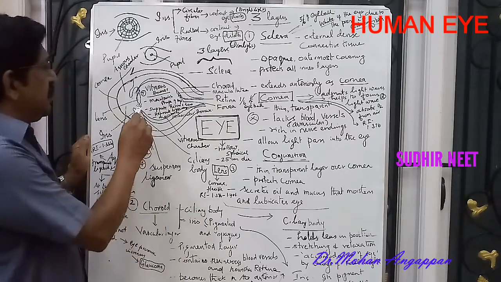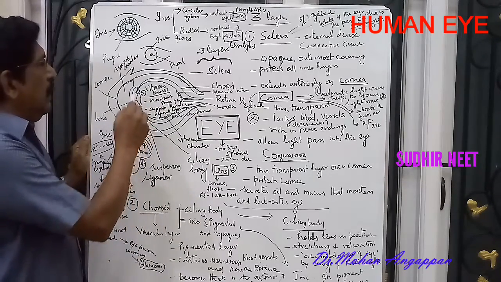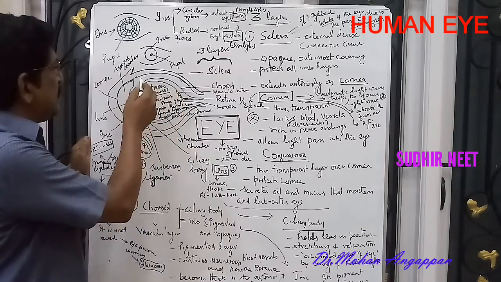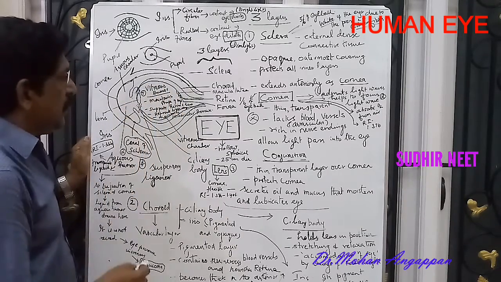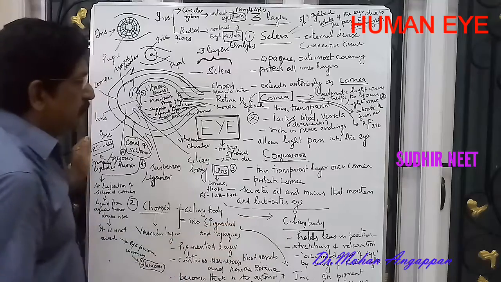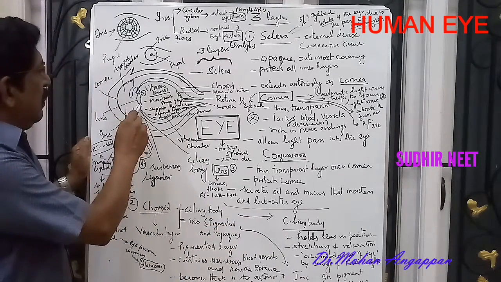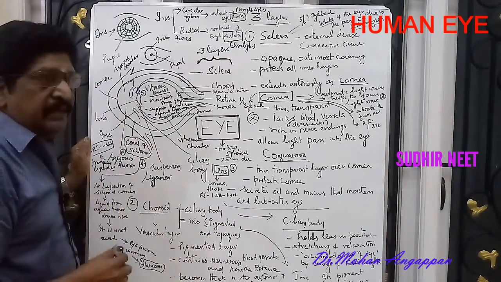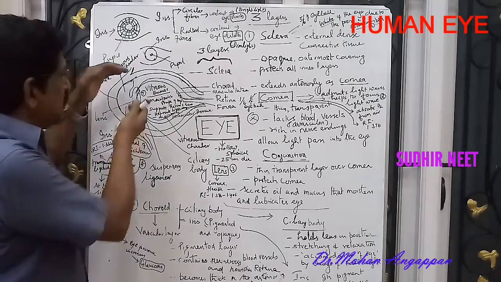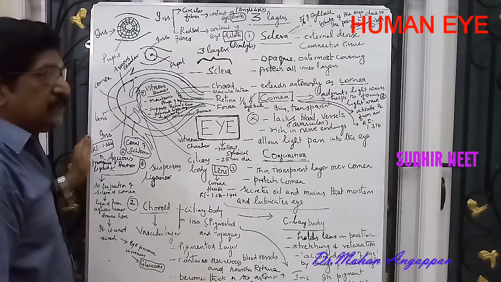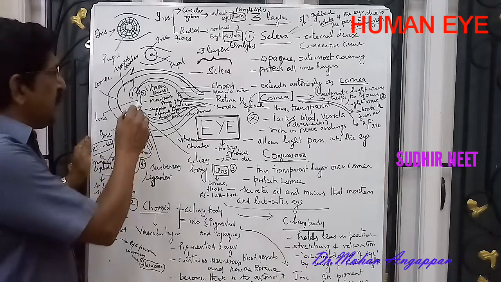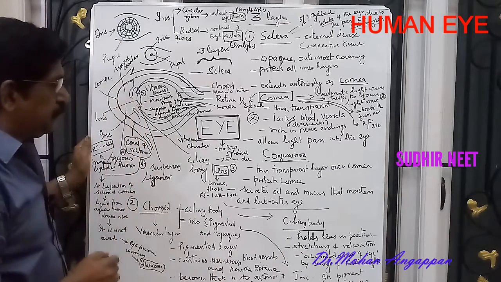Ciliary body, you can see here. The choroid extends in front as a thick part called the ciliary body. What is the function of this ciliary body? It holds the lens in position.